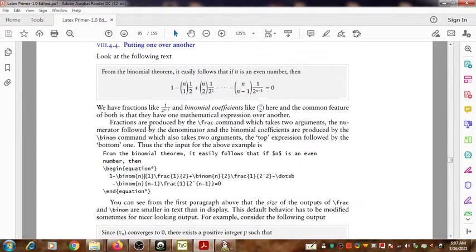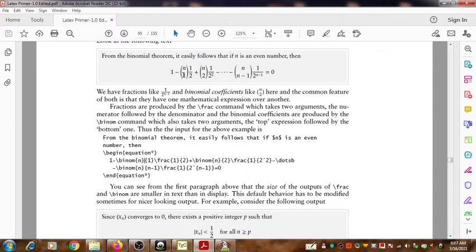Then in the following curly bracket you type the number below it. The highlighted portion of the source code is the part that produces the output nC1.